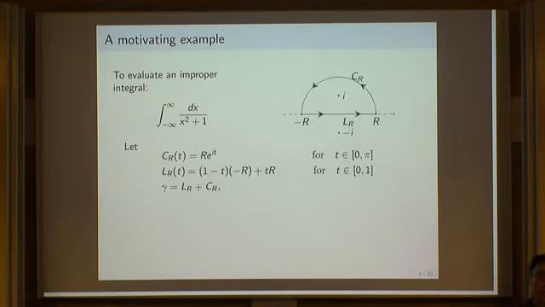The approach I was using is to embed this problem into the complex plane, by defining two paths: one is a linear path, LR, and one is a semi-circular path, CR, and here gamma is LR concatenated with CR.